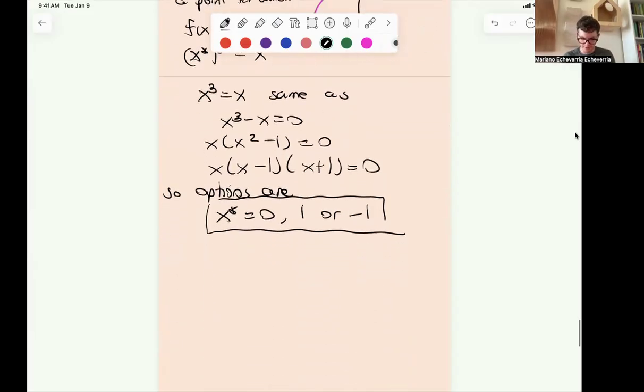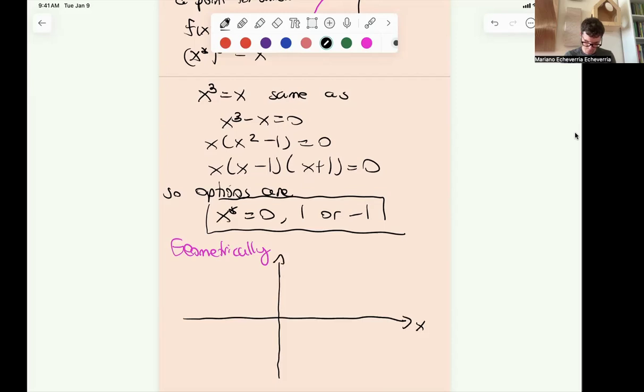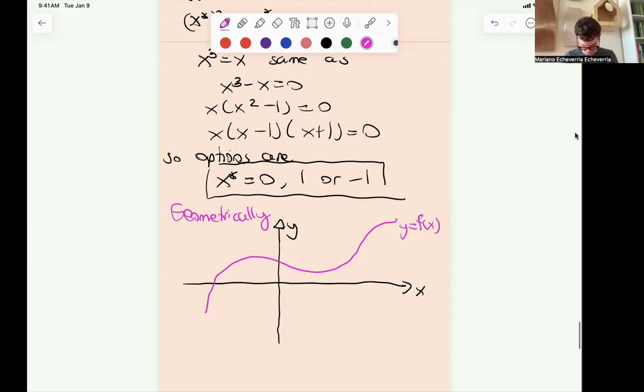Geometrically, what's going on is that if you look at the graph of the function, if you had a particular function, not just necessarily x cubed, you have the graph of a function y equals f of x, right? And then you have the identity line y equals x.